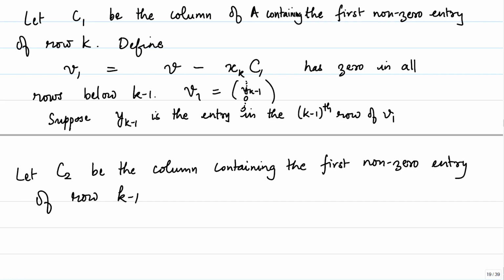Notice that the non-zero entry should be 1 and all entries below that should be 0 by definition, and therefore this C2 has to be a different column from C1, right. It is forced because C1 had a 1 in the kth row, and that cannot happen here.